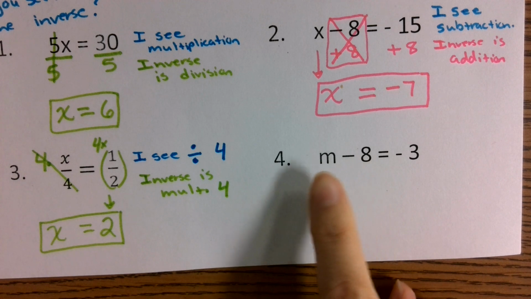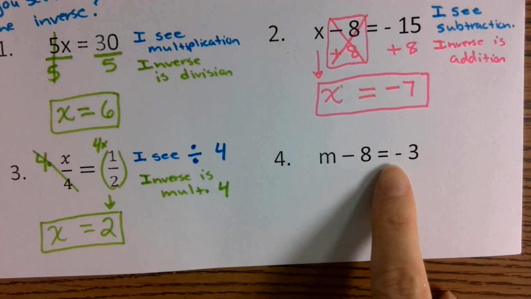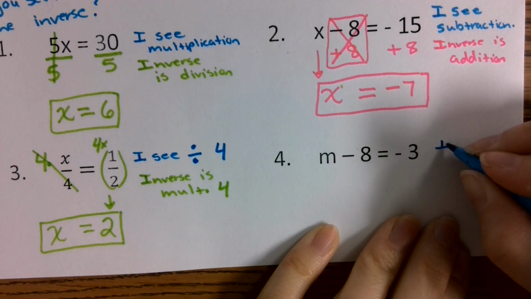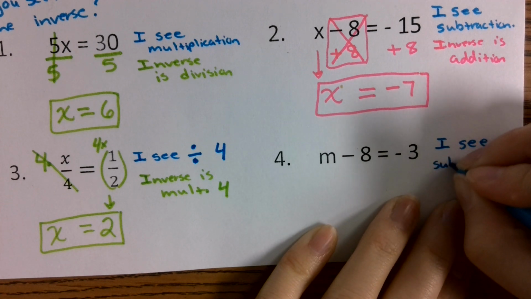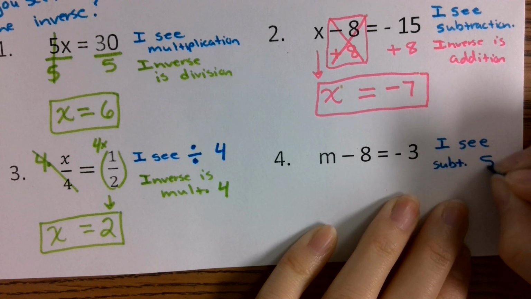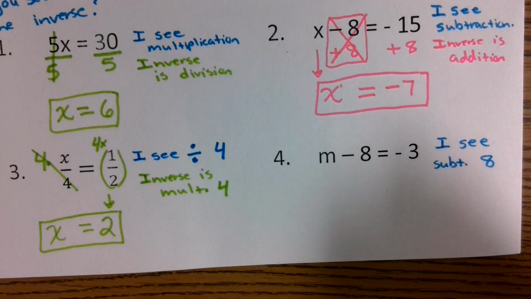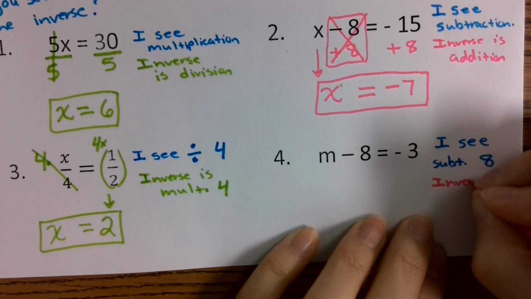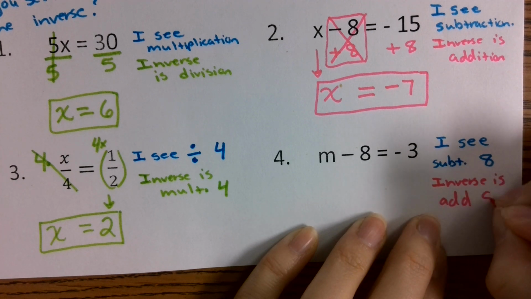Okay? All right, problem 4. M minus 8 is equal to negative 3. What do I see? Subtraction. I see that I'm going to subtract 8. So what is the opposite of subtracting 8? Add 8, right? We're addition. So our inverse is to add 8.